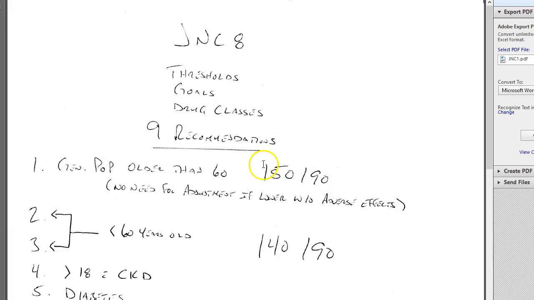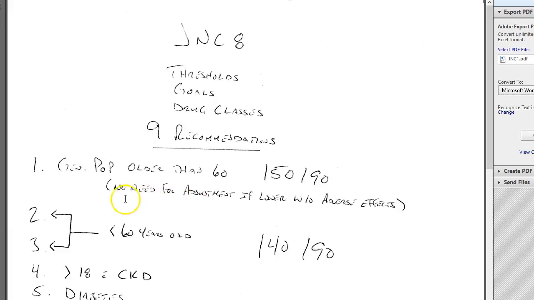So really a big game changer, and it moved the needle from what it used to be in JNC7. But anyway, general population older than 60, 150 over 90, so they can have a little bit higher perfusion pressures. That's what the committee found, is that as we age and get older, we can tolerate, and we need, a little bit higher perfusion pressures. So that's been bumped up to 150 systolic over 90 diastolic.